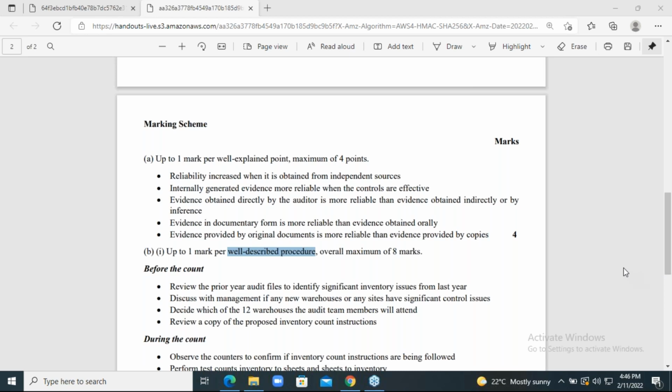Any other question? This is a very important area. The discussion we are in now is very important. Many of the students are confused regarding how to prepare audit procedures.